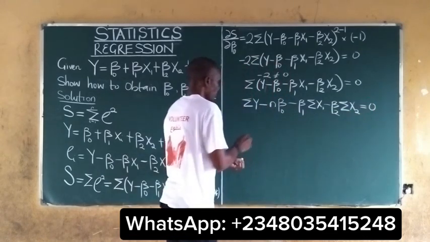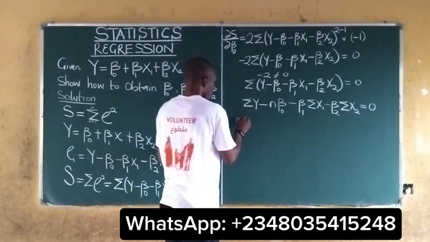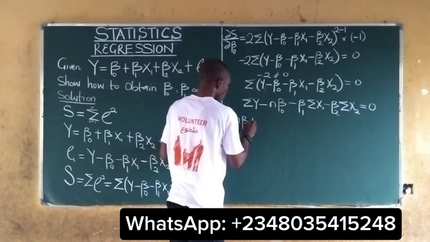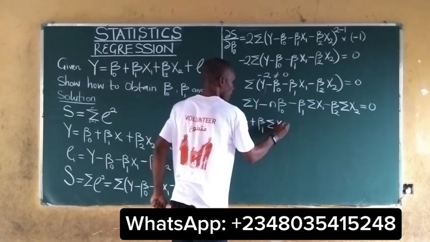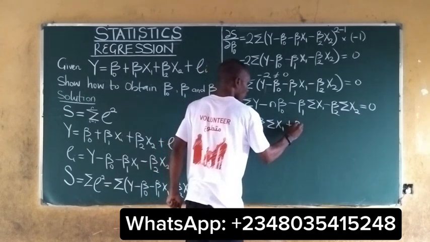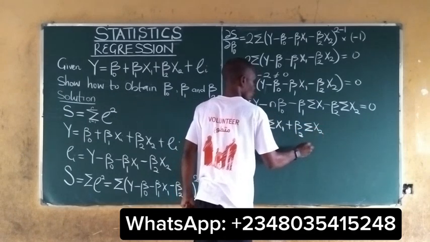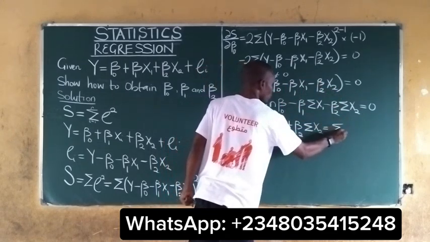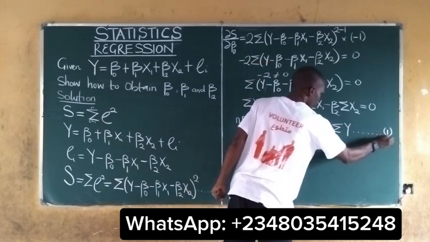That means we can keep this to have n B0 plus B1 summation X1 plus B2 summation X2 equal to, pushing this over to this side, the summation of Y. We take this as our equation 1.